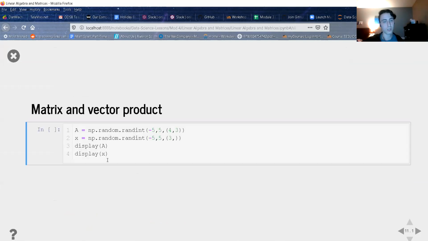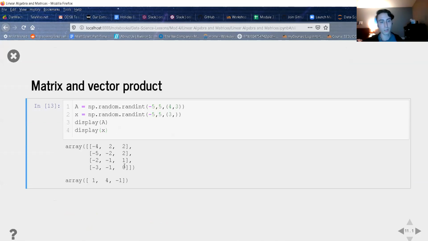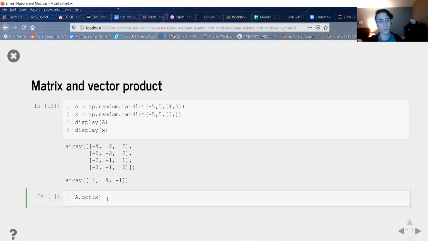Another multiplication you can do is a matrix and a vector. So here we're going to make a matrix and a vector, and here they are. And you can do a dot product again. The vector is basically a 1 by whatever.